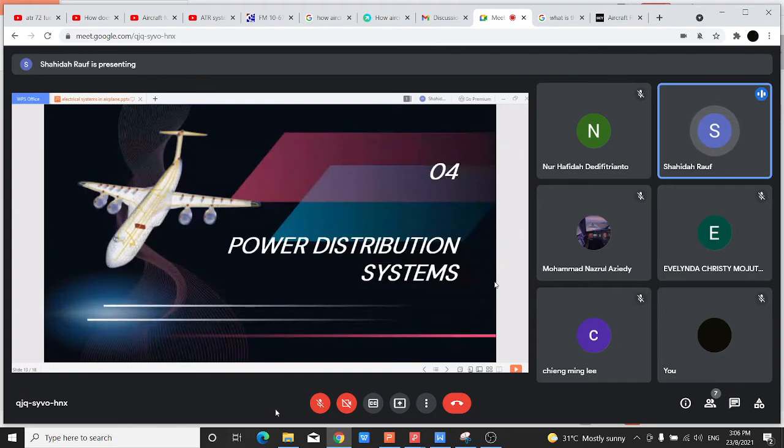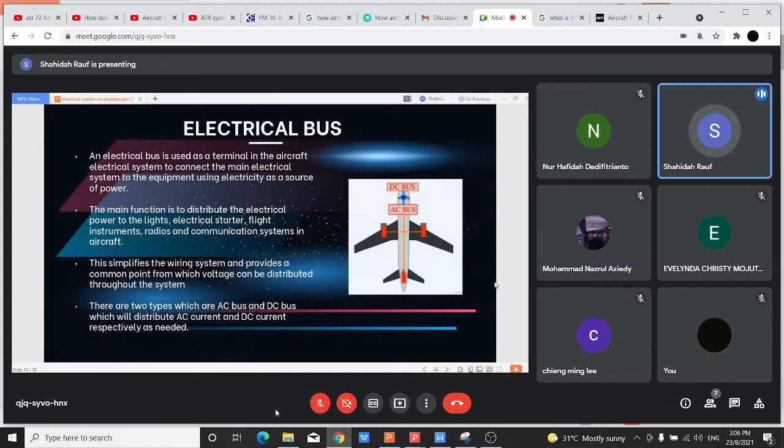So we move to power distribution systems. Okay, so an electrical bus is used as a terminal in the aircraft electrical system to connect the main electrical system to the equipment using electricity as a source of power. The main function of the electrical bus is to distribute the electrical power to the lights, electrical starter, flight instruments, radios, or communication systems in the aircraft.